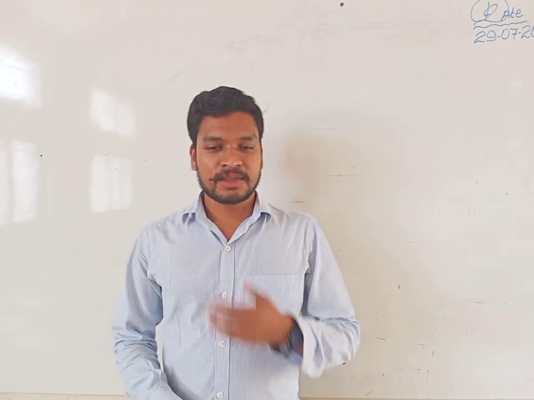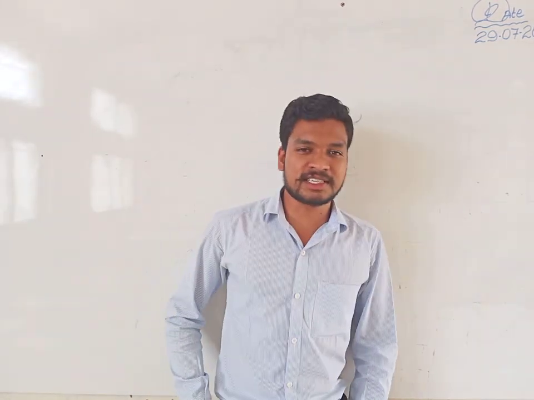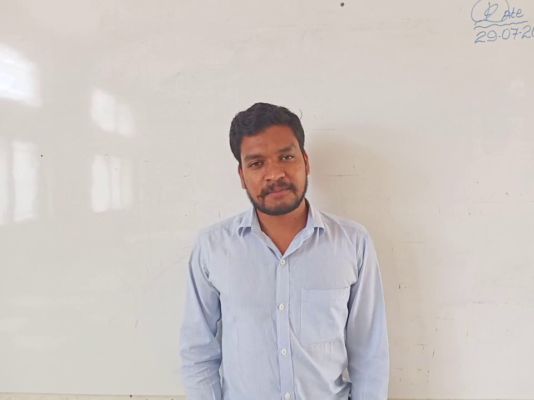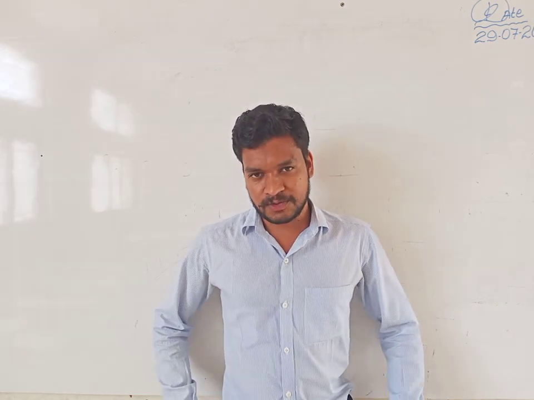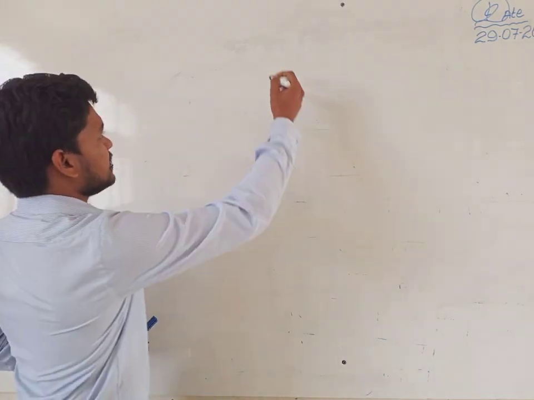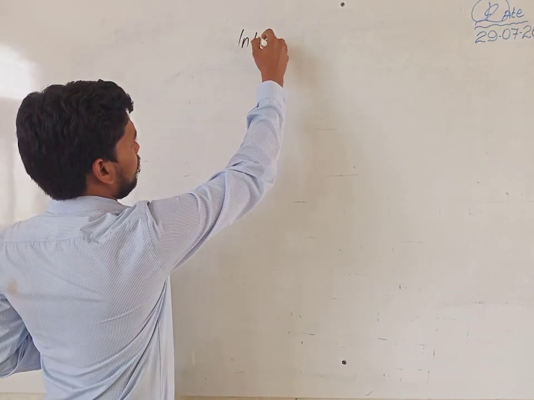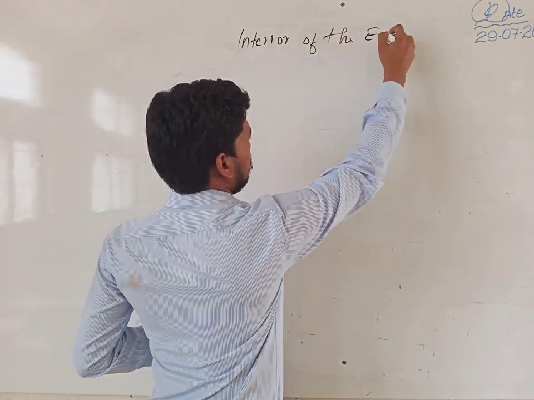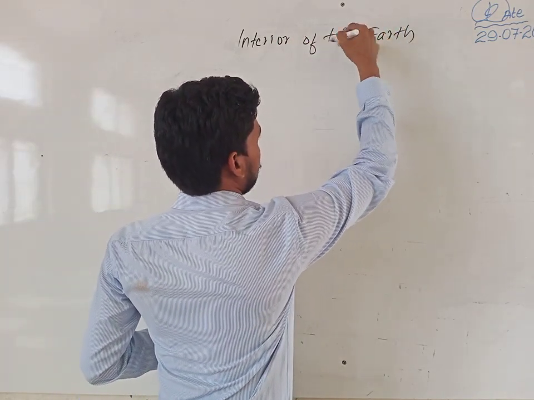So in the last class, we were discussing the last concept. It was about rocks and minerals. About the rocks we discussed, we have three types of rock, isn't it? What is the name of the chapter? Interior of the earth, otherwise, inside the earth.